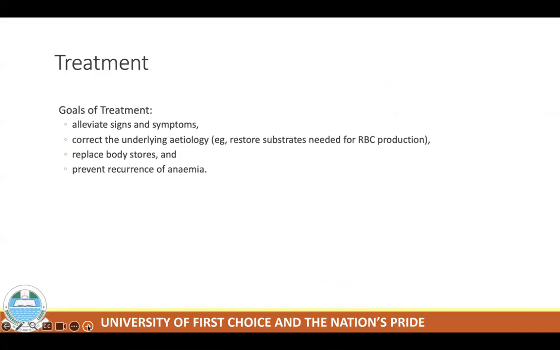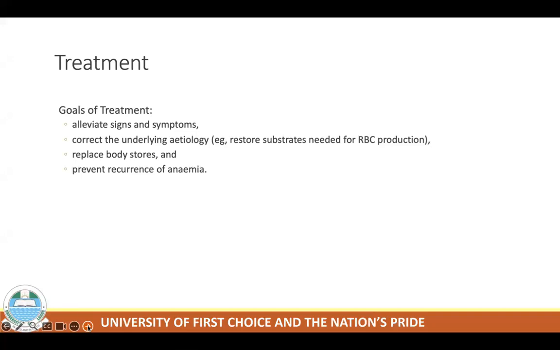In terms of treatment, goals of treatment are very important. If you remember, I have stated right from the time I started talking to you in this class that goals of therapy, goals of treatment are like the holy grail for what we do as pharmacists. So they are very key. There's no way you can escape them, both in practice and in examination, right?